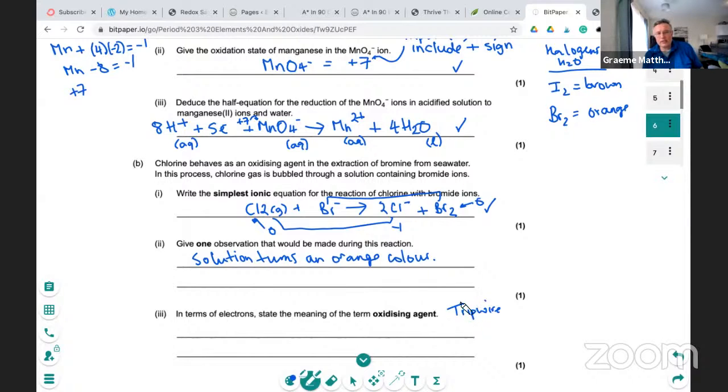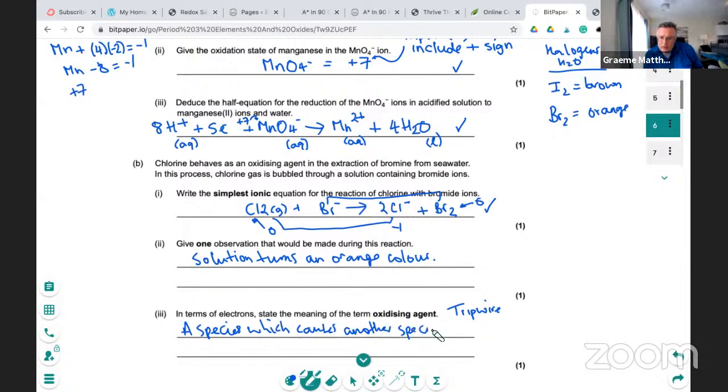They're going to try to trick you by talking about an oxidizing agent or reducing agent. An oxidizing agent is a species which causes another species to be oxidized.